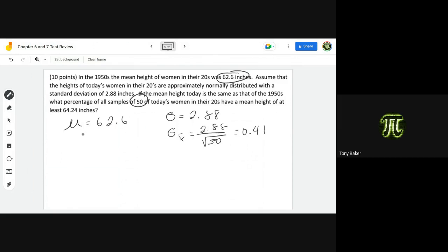So now I can find my z-score. 64.24 minus 62.6 divided by 0.41. And we get 4.